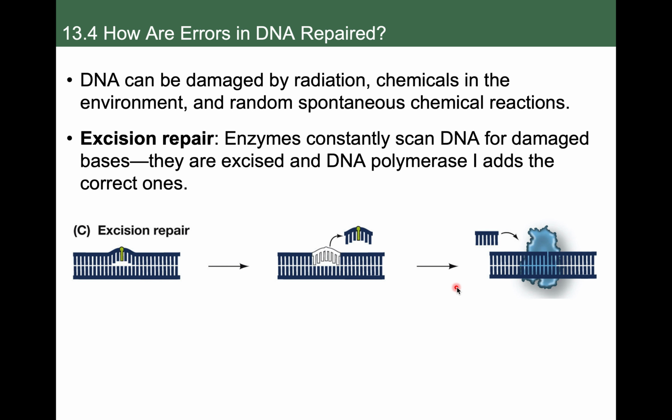For example, if you are exposed to a lot of UV radiation, just in form of sunlight, it will cause these weird bonds to form between adjacent thymines in your DNA, and you'll get what's called a dimer, which causes like a weird little bulge in one strand of the DNA and can cause problems and lead to things like skin cancer down the road. But again, you do have this excision repair pathway that should recognize some of those kinds of issues. For example, if this was a dimer, it would see that, cut it out, and then DNA polymerase could fill it in.